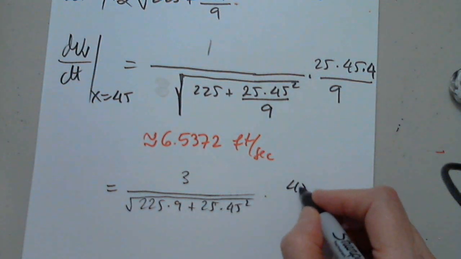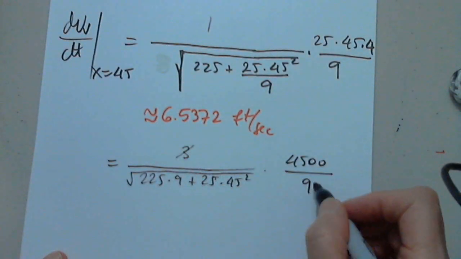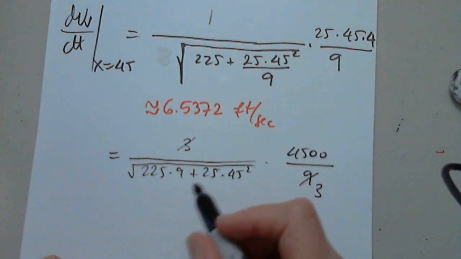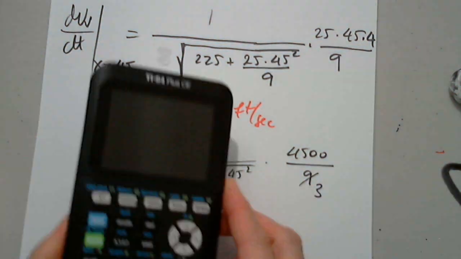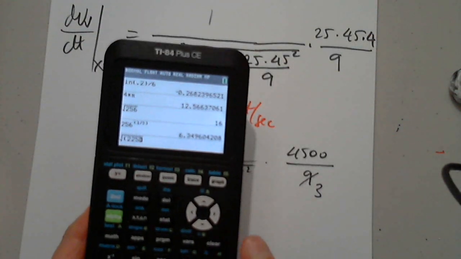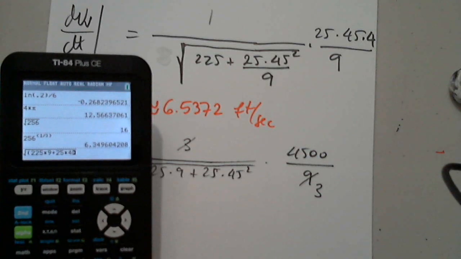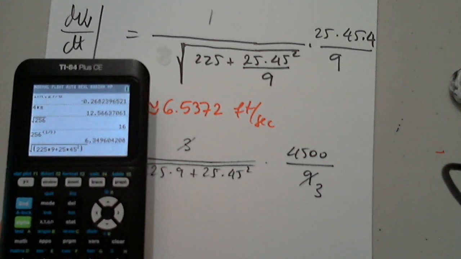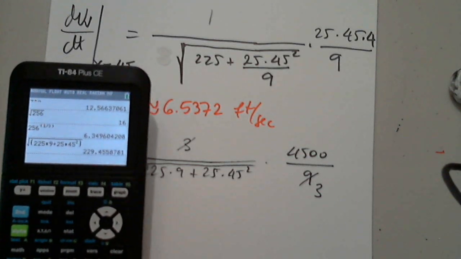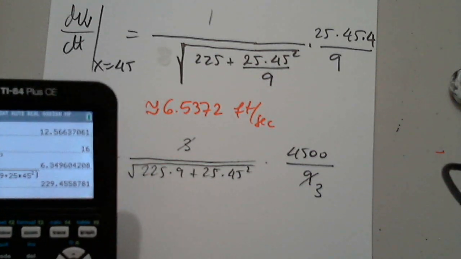Again, I had here 4,500 over 9. I will simplify this by 3, and let's see if this is a perfect square. So the square root of 225 times 9 plus 25 times 45 squared. No. I did not get that.